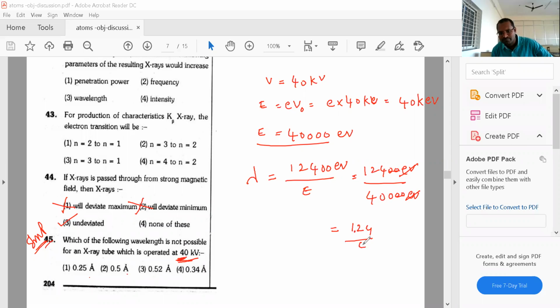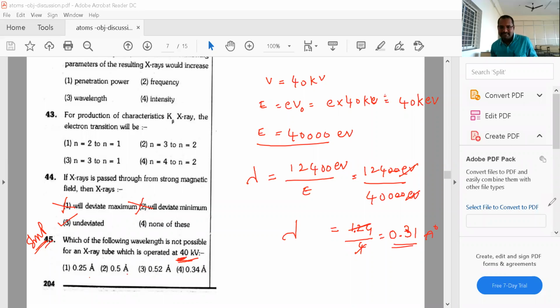That is 1.24 divided by 4. Correct? So it can be written as 0.31. Listen, students. So the wavelength 0.31 angstrom should be there.